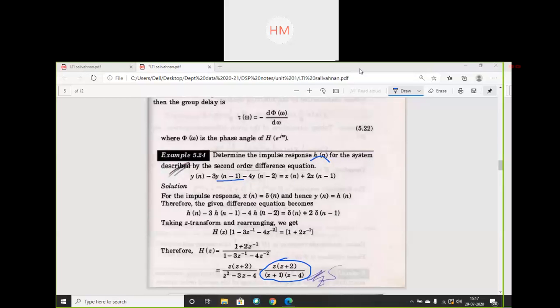So any doubts, students, anything you want to ask over here? Have you written this question in your copy? Because in the exam numericals will be asked. Any doubt?